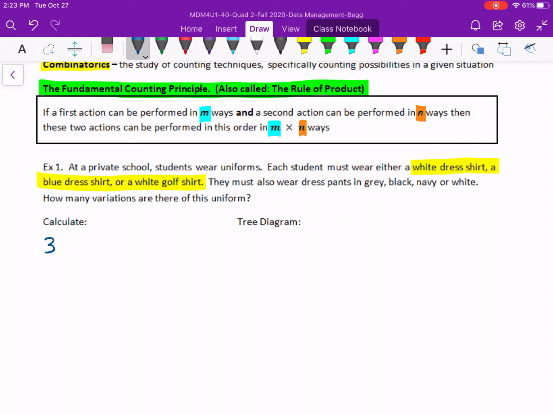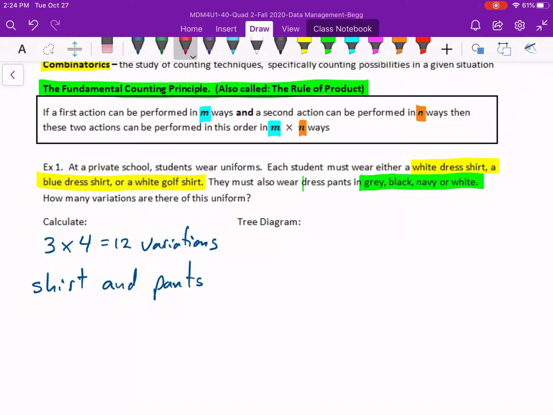They also have to wear pants, and the pants might be gray, black, navy, or white. That's four. And so if you have to wear pants and you have to wear a shirt, then you've got three shirts to combine with 4 pairs of pants, and so that equals 12 possible variations. So we've got a shirt and pants.